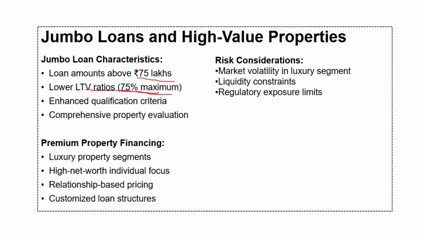We can see that they also, in their risk assessment, think that this can be a very riskier proposition. So, they also fix a maximum 75% LTV ratio for such types of loans which exceed 75 lakhs, right.